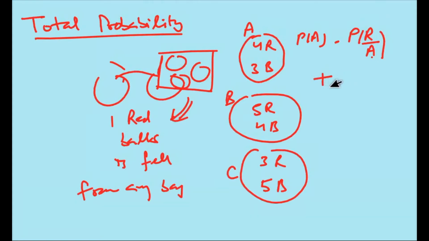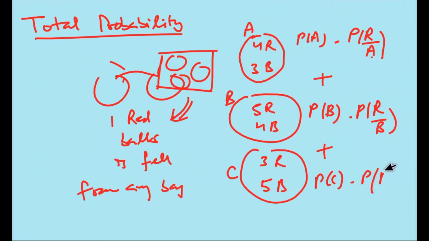Or it may happen you take the second bag B, and then conditional on this bag you check the red ball for bag B. Similarly you can take the third bag and check the red ball from the third bag. This total, when you find it, is the total probability of the coming of a red ball.